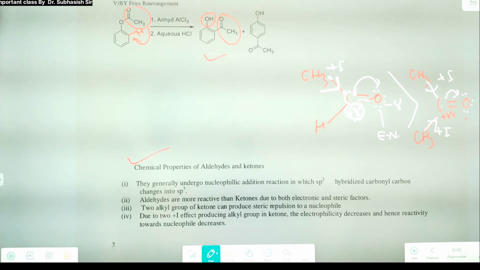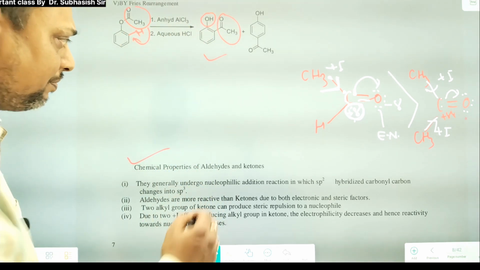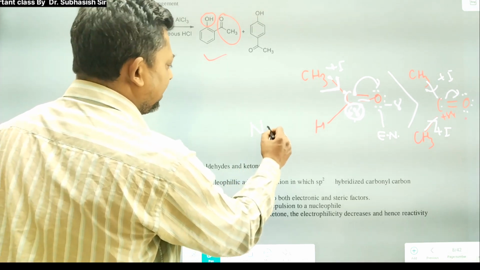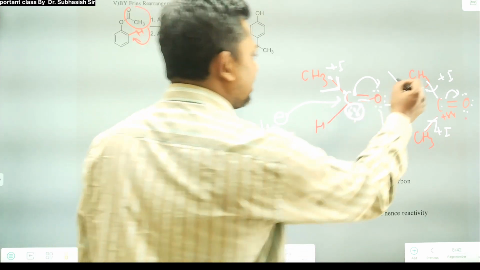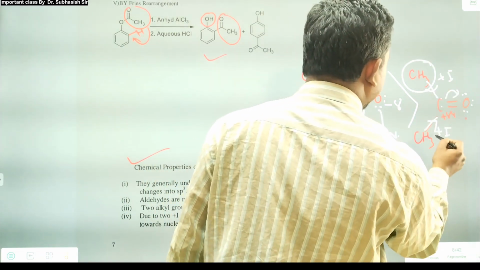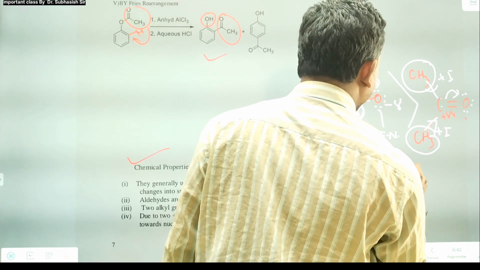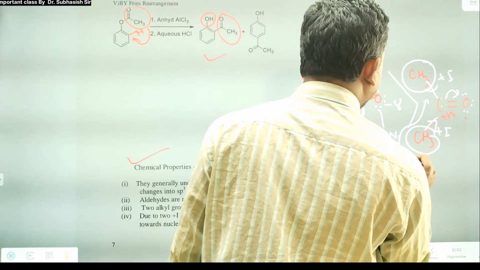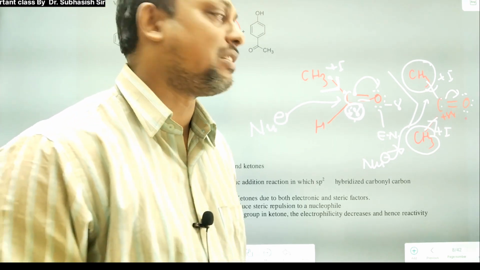And another thing is, we will discuss nucleophilic addition reaction, where a nucleophile can easily add to an aldehyde. But in case of ketone, two alkyl groups are present which are very big. So the nucleophile will find a little bit of difficulty to enter, because this is called steric repulsion.